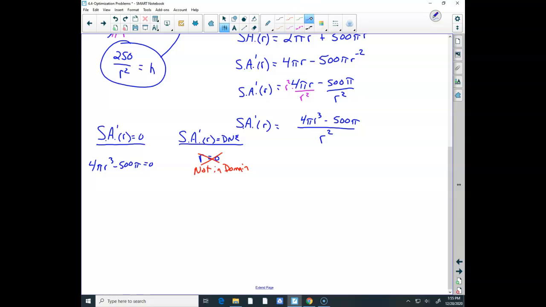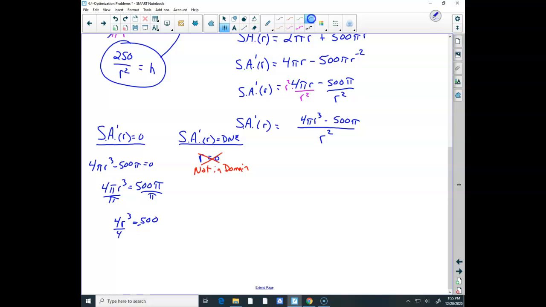But I can't use that as a test value for increasing and decreasing. But I do know here 4 pi r cubed equals 500 pi, and I can divide out my pi. For those that don't like pi, 4 r cubed equals 500.